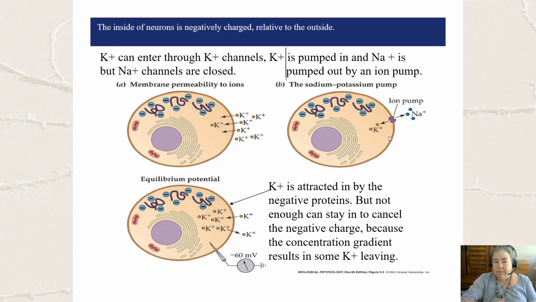You have some potassium flowing into the cell being attracted by negative proteins, but you reach an equilibrium where the same amount of potassium is leaving as is coming in. And that establishes this charge, which for potassium is actually minus 90 millivolts, but when we consider the potassium and the sodium channels and everything that's going on, in most cells it's about minus 60 millivolts. So there's a negative charge on the inside of the cell.